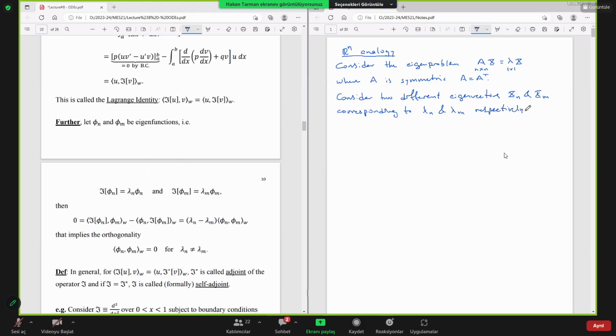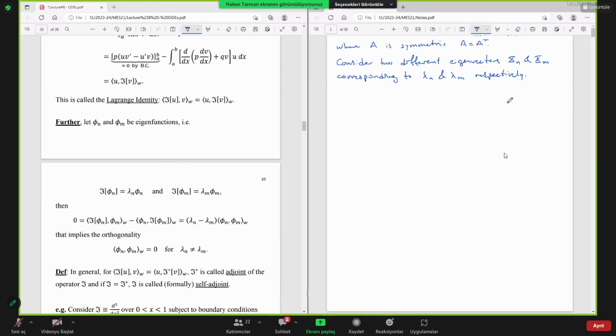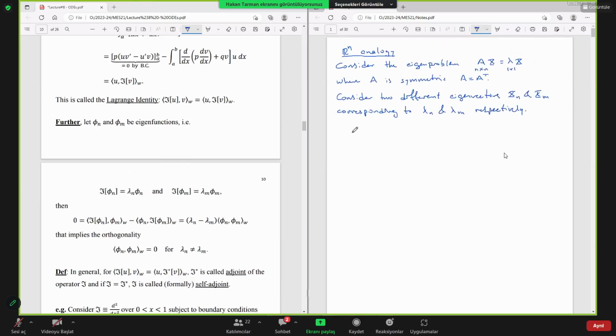Because if this is not a degenerate case, we expect n many eigenvectors and eigenvalues, right? Okay, then I'm going to do this.